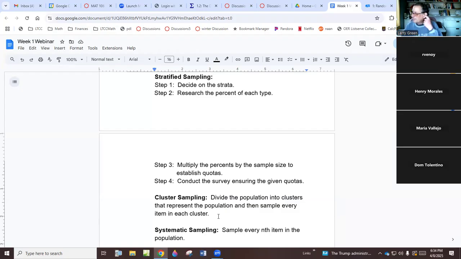Class levels, if you mean like seniors versus juniors, those wouldn't be the clusters because they're too big. So, for example, if you did UC Berkeley, and you looked at freshmen, okay, that's going to be thousands and thousands of freshmen.